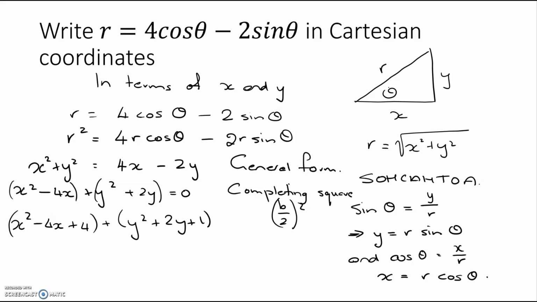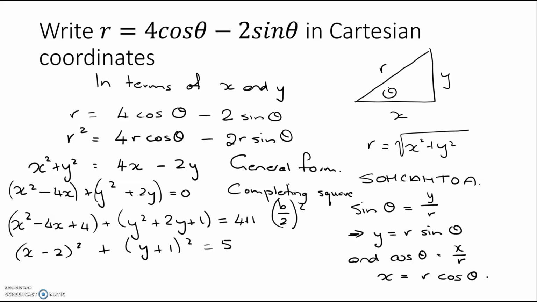Now, because we've added 4 and 1, we've got to add 4 plus 1 to the right-hand side as well. Now, we can factorise the first bracket. That says x minus 2 squared, which was one of the reasons we were doing it. And the next one says y plus 1 squared equals 5.